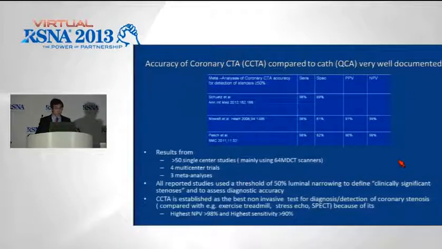All these reported studies use a threshold of 50% luminal narrowing to define clinically significant stenosis and to assess diagnostic accuracy. So coronary CTA is now established as the best non-invasive test for diagnosis and detection of coronary stenosis compared to other non-invasive tests such as exercise treadmill, stress echo, stress SPECT, etc.